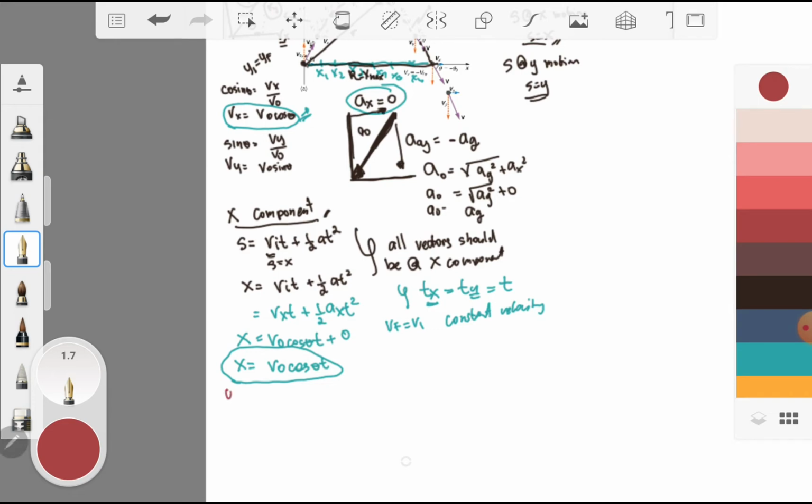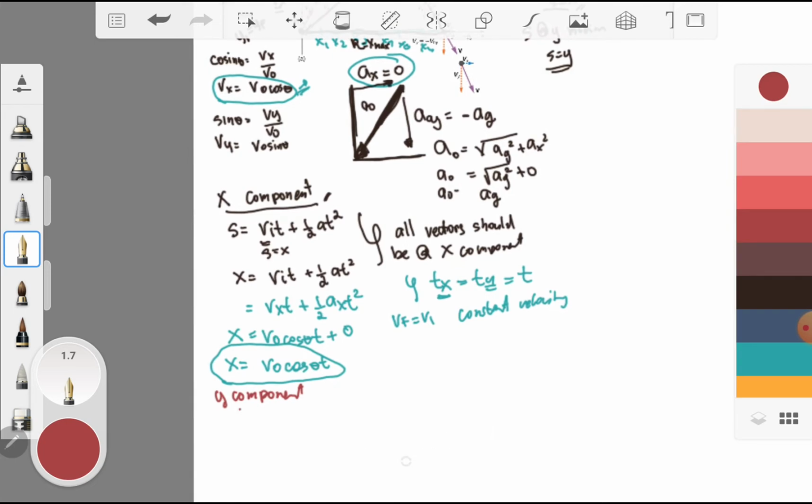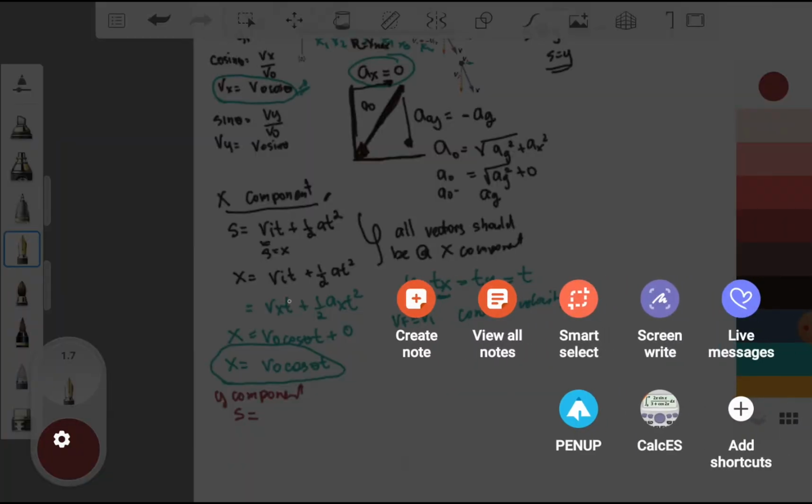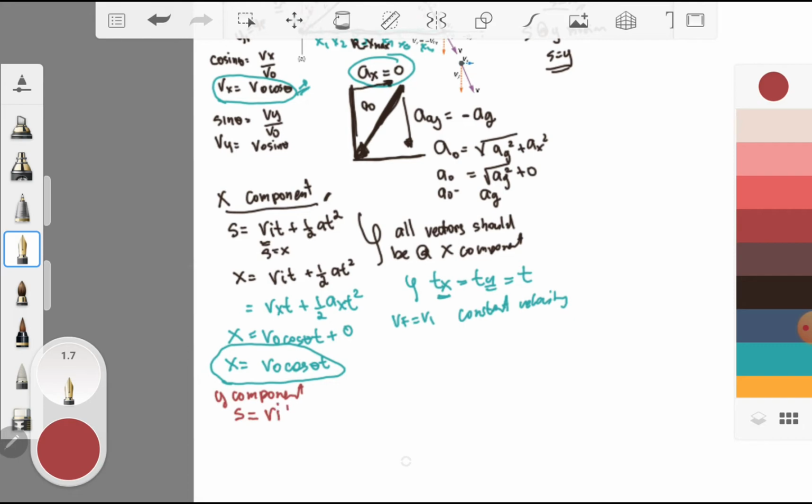So at my y component, so ano mo yung mga y component natin? Particularly, I will have my s is equal to my ViT plus 1/2 at squared. Okay? Particularly, at my y component, my s is equal to my y.